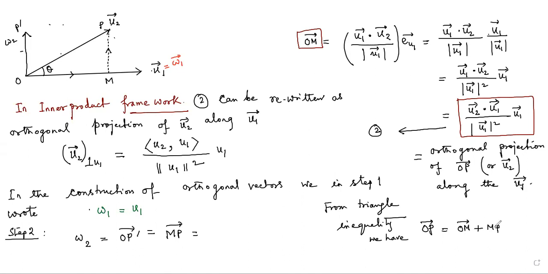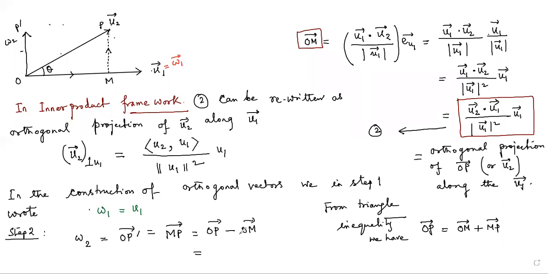OM plus MP is OP. So MP prime can be given as OP. So not OP prime, sorry. OP vector is given as OM plus MP. So MP vector can be written as OP vector minus OM vector.